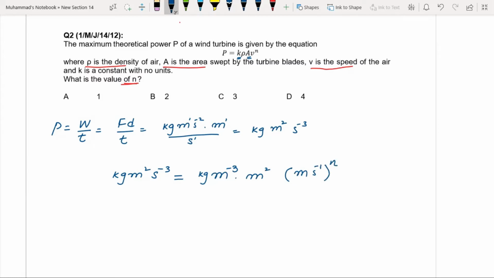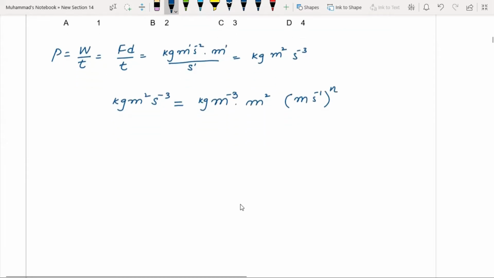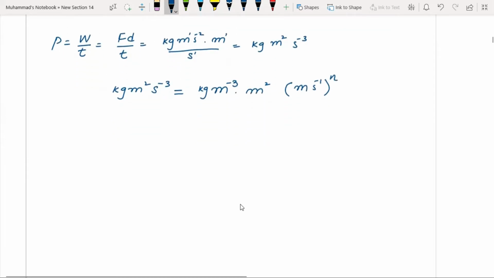Okay, so now we have to simplify on both sides. On the left hand side we have this expression, and on the right hand side this is kg. Let's simplify these two: m power minus 3 plus 2, that is minus 1, times m power n.